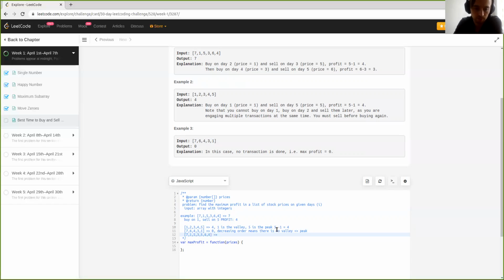And so we would sell on 5, which would give us a profit of 4. Then we would buy on 3 and sell on 6, which would give us 7. So it's the same value because we are still doing 6 minus 3, which is 3, plus 4 is 7 of profit.